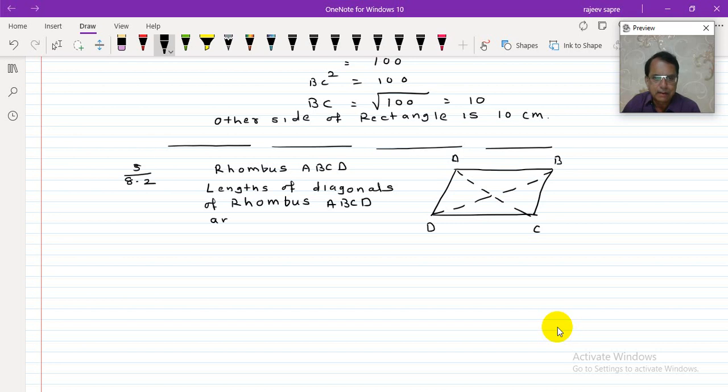So we will assume that length of AC is say 16, and another diagonal BD is say 12. So suppose this is the point P. Let P be the point of intersection.